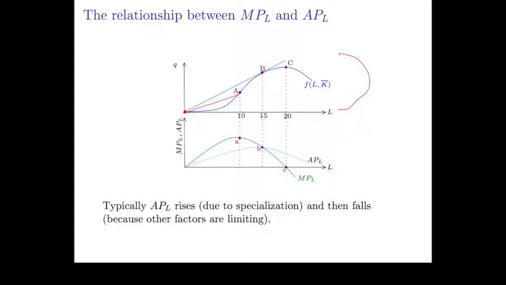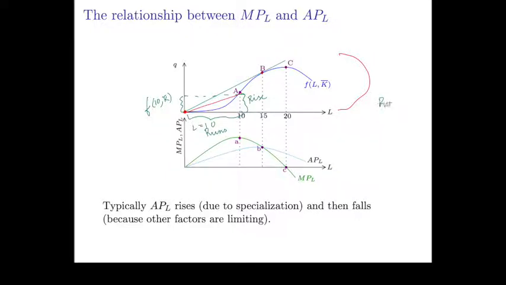Well, let's look at the height here. This is the quantity produced. That's f of 10 with the fixed amount of capital. Here we've got 10 units, which is the amount of labor that we're using. What is the slope of a line? Well, to get the slope of a line, you can just look at how much it rises over how long it runs.